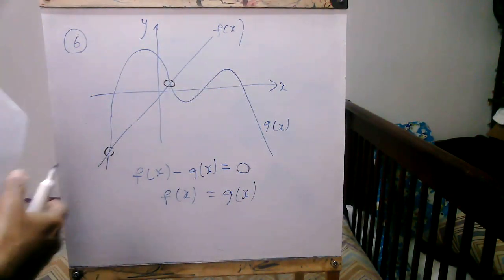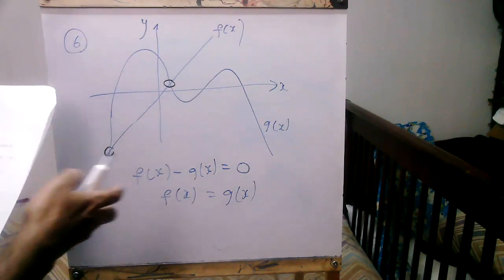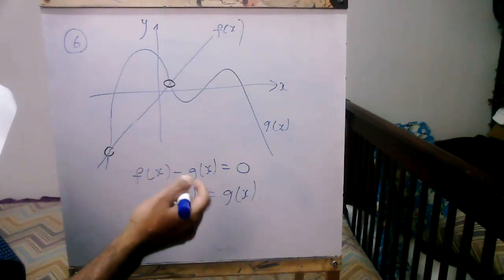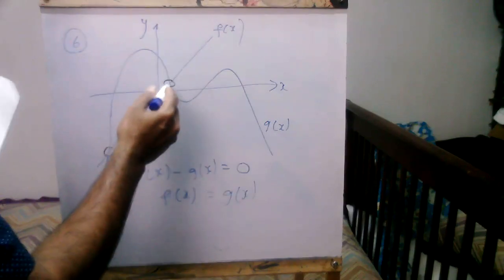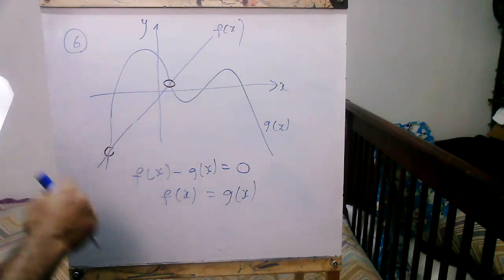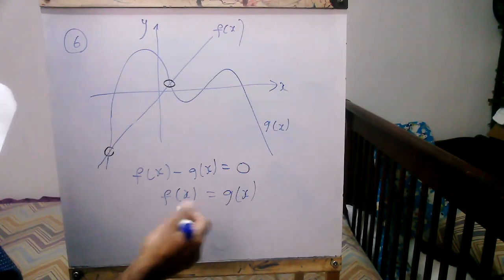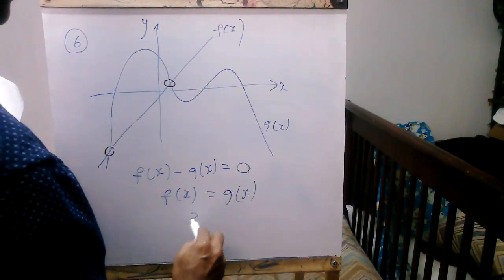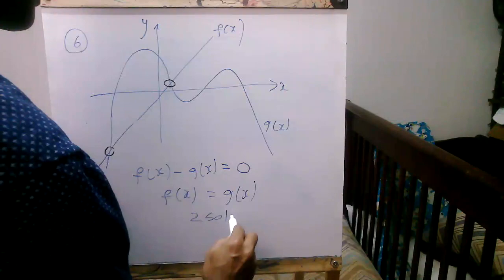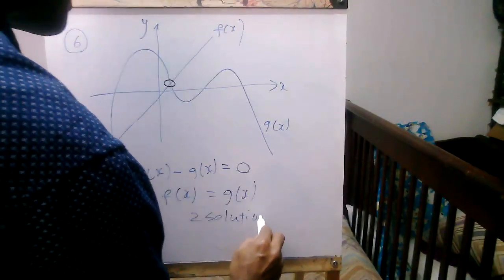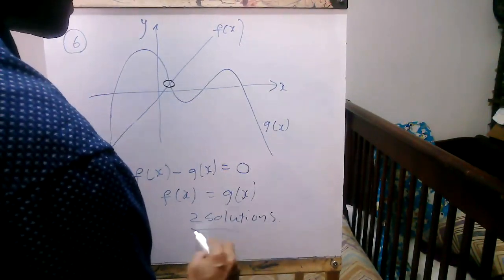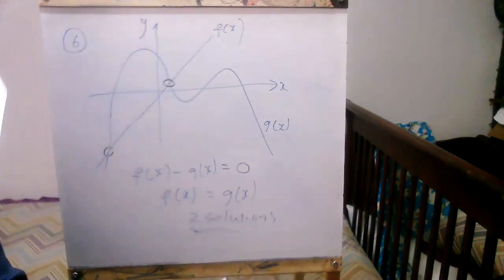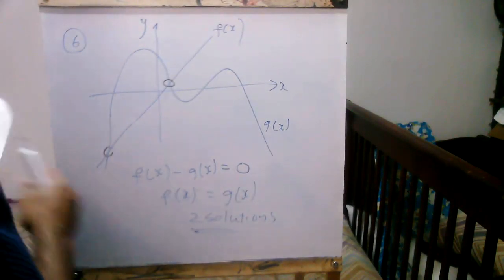Therefore, how many positions? There are two positions, two places. Therefore, how many solutions to this equation? Two solutions. Right? The answer choice is B.